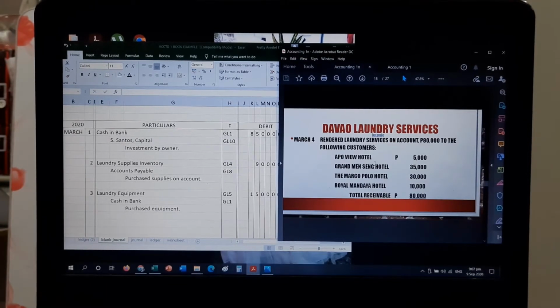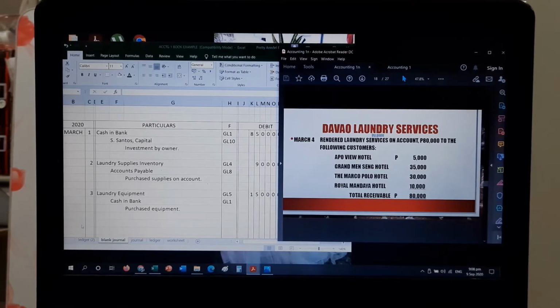Next, March 4, rendered laundry services on account from customers. If we rendered services, automatically you have a service income. So that is our credit. But what did we receive? It was on account, take note. Who is in debt, is it us or the customer? We rendered services but we were not paid.